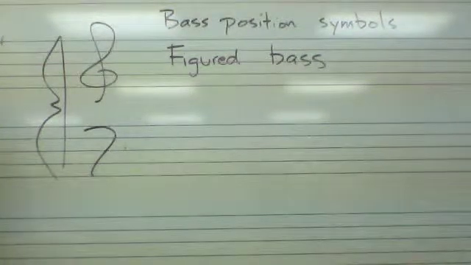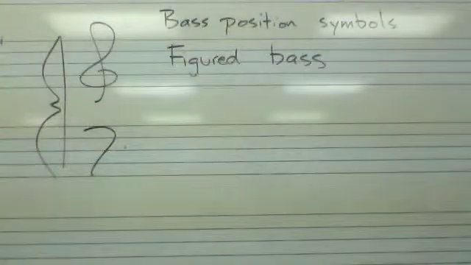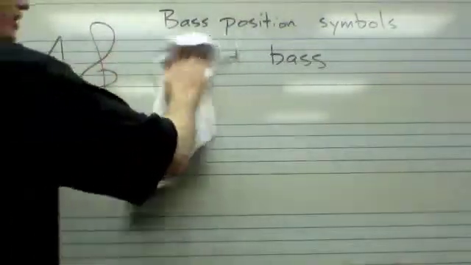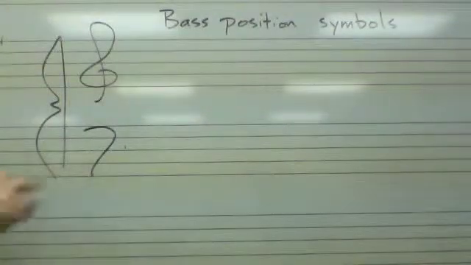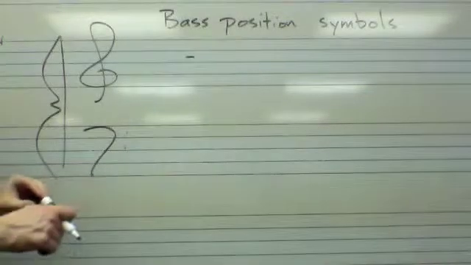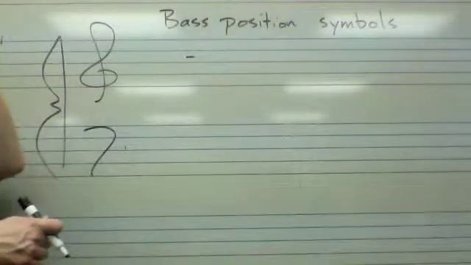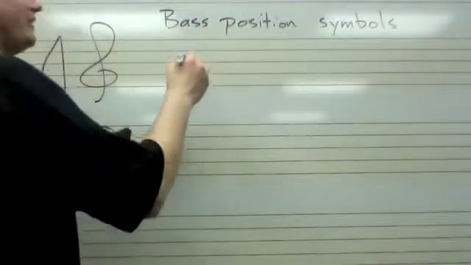Okay, so bass position symbols. If I say BPS, I'm not referring to beats per second. I'm referring to bass position symbols. So I'm going to start with this. Bass position symbols tell you only one thing, and it seems like we may not need these when I discuss this, but you'll see in the near future why we need these.